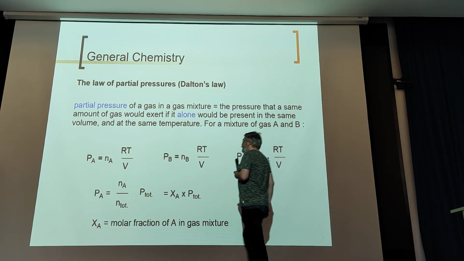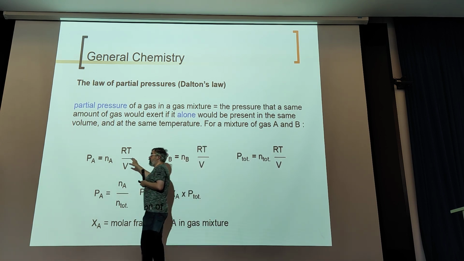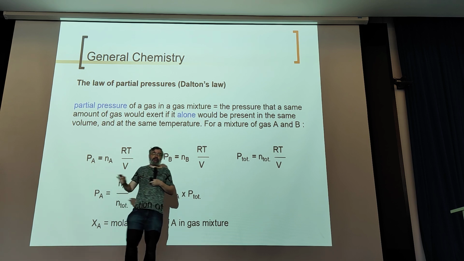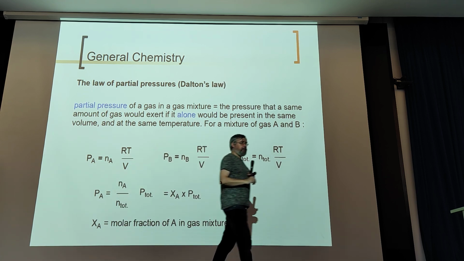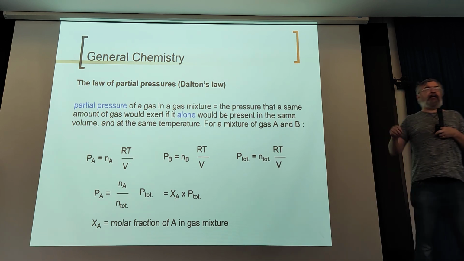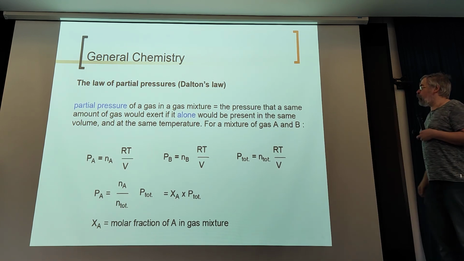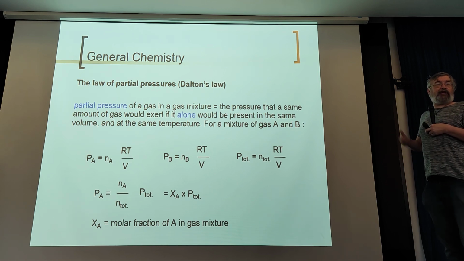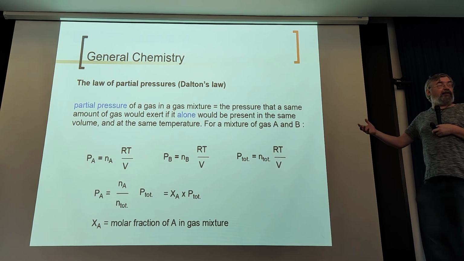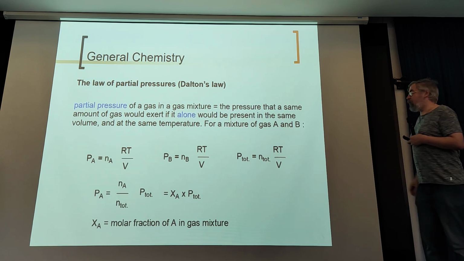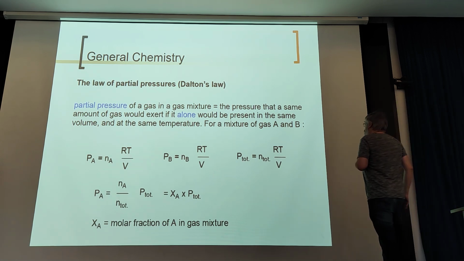So we can write an equation similar to PV = nRT, but now we write it for the partial pressure of compound A. It's the amount of particles of compound A, n_A, amount of moles, times RT, divided by V. It's the same volume, the same temperature, the same R for the whole gas mixture.